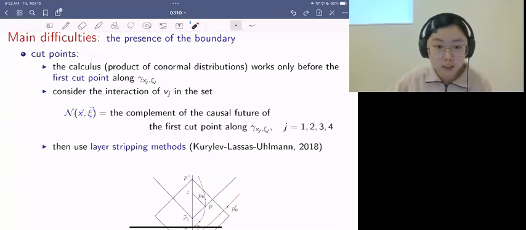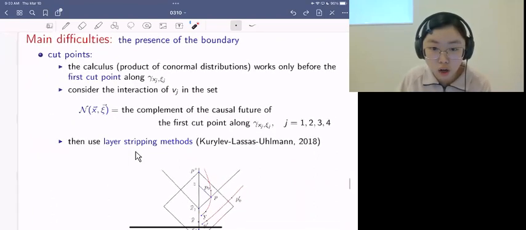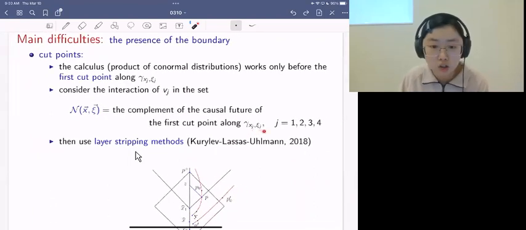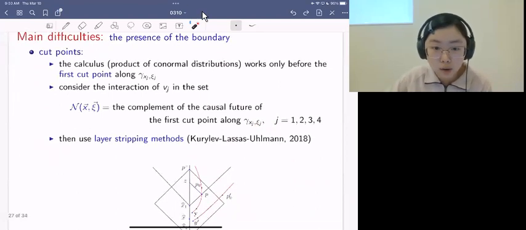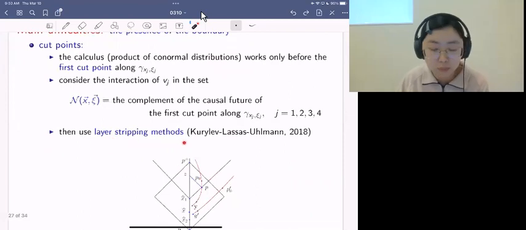So we would like to consider the interaction of these distorted plane waves only in the open set N, which is the complement of the causal future of the first cut point along each null geodesic. This is enough for our analysis because we can avoid these cut points step by step by using the so-called layer stripping method, which was proposed in the paper of Kurylev, Lassas, and Uhlmann.